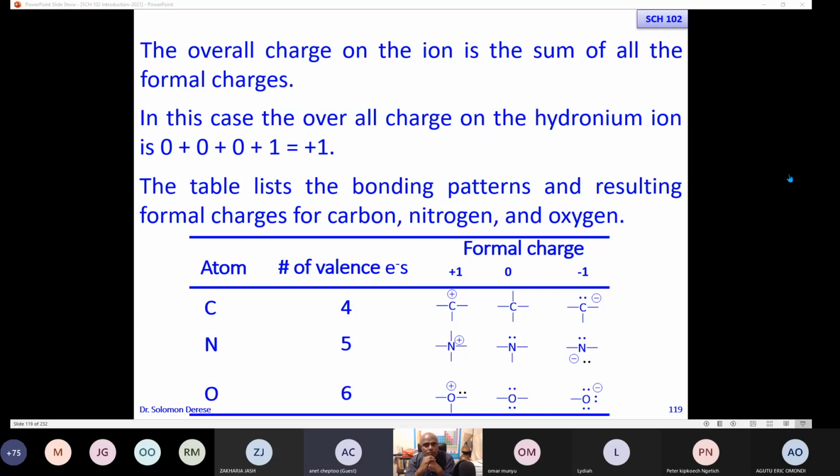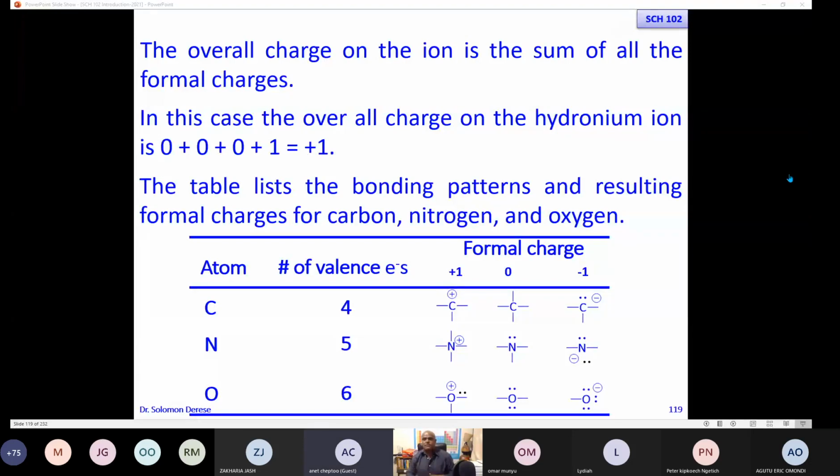So if you have oxygen, for example, in this H3O+, it has formed 3 single bonds. As a result of these 3 single bonds, there are 6 electrons involved in bonding. But it's only half of those that belong to the oxygen. That's why I put half times 6. Is it okay?